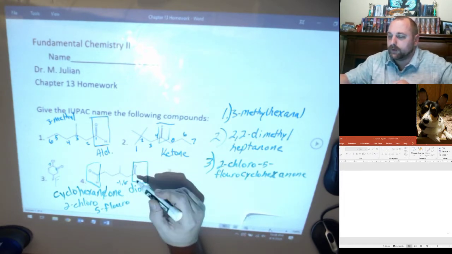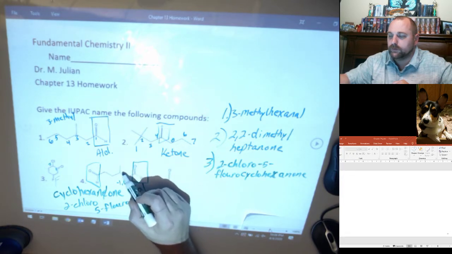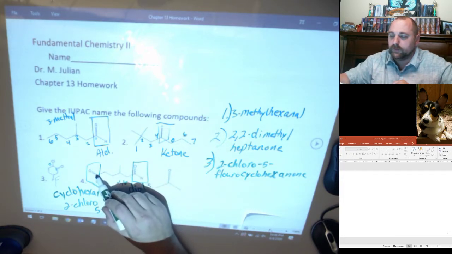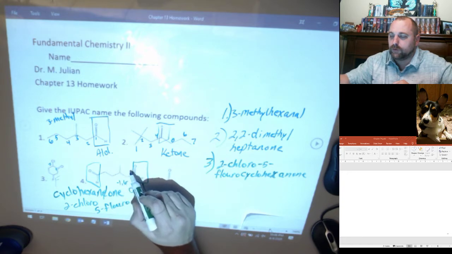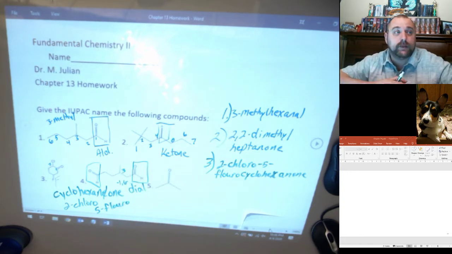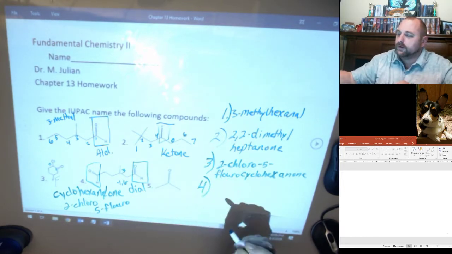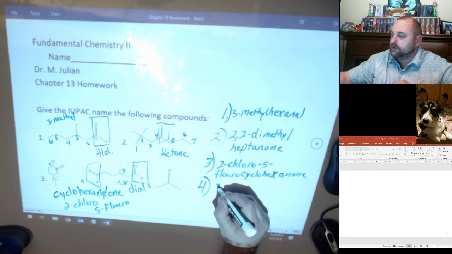And then I've got a methyl group, so let's decide which one's going to be 1. I just naturally said this is 1, 2, 3. And if I come this way, 1, 2, 3, 4. So I need this to be 3. That's my deciding factor. I want that methyl at 3. So number 4, 3 methyl.